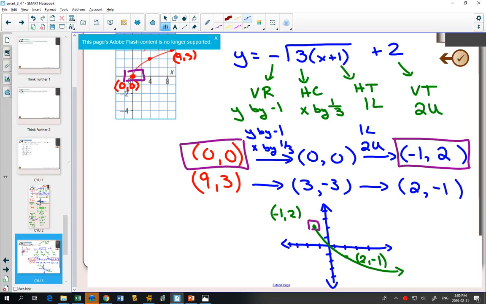And so we have our final graph. We've labeled 2 points. We've done all the transformations. This question asked us for our new domain and range of just the green graph. So the domain, our x values have to be bigger than or equal to -1. And our range, our y values, are less than or equal to 2.